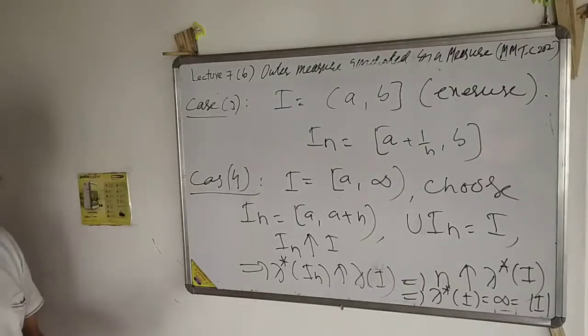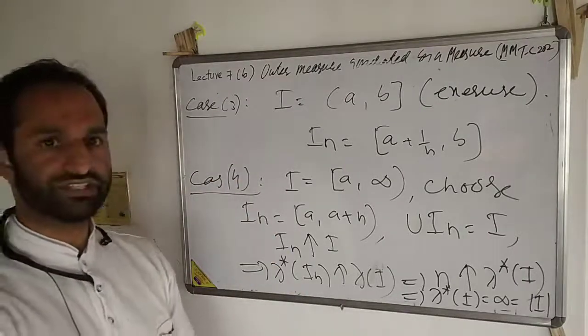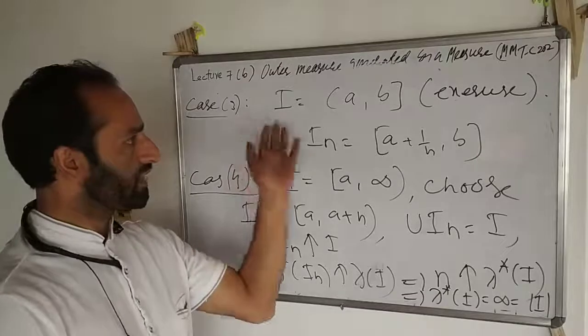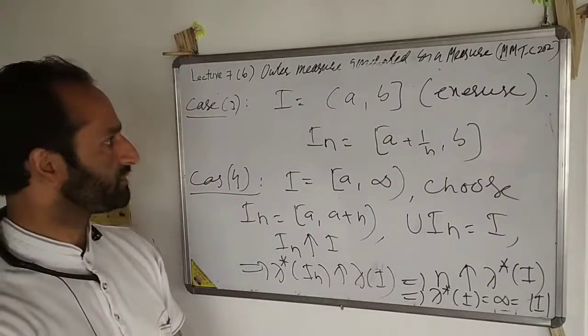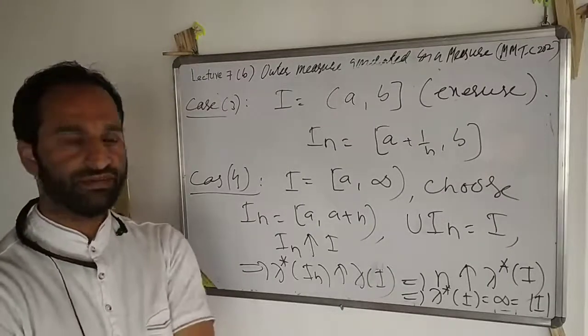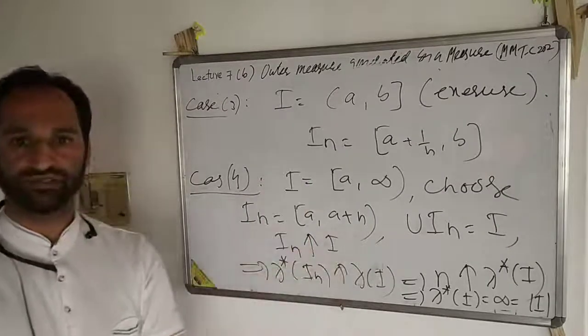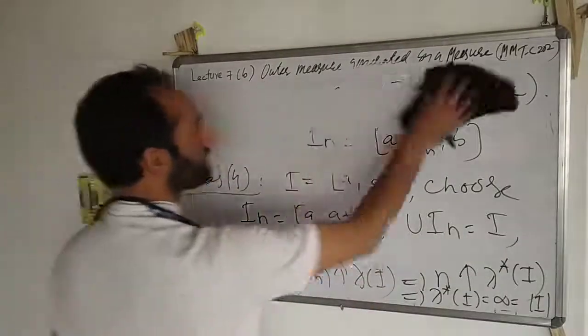That the outer measure of every interval is equal to its length, and every interval is measurable. So from this you can conclude that every open subset of R is measurable. Every open subset. So that's an exercise for you.